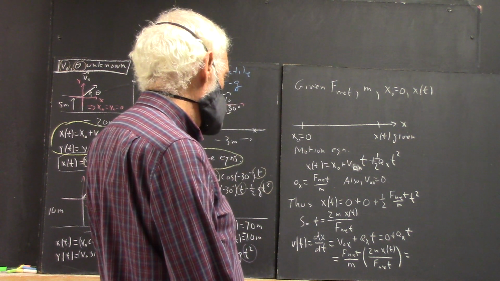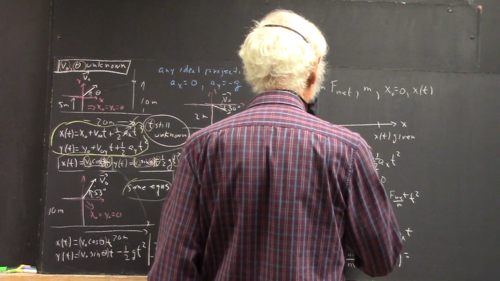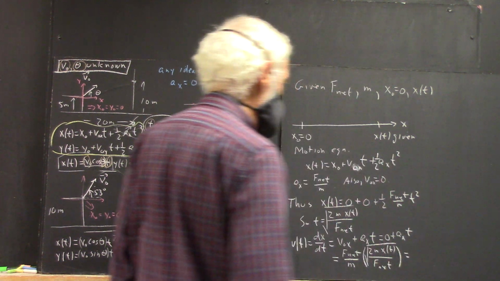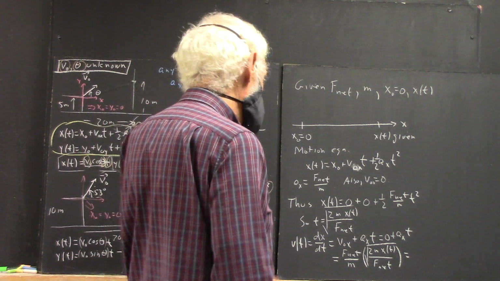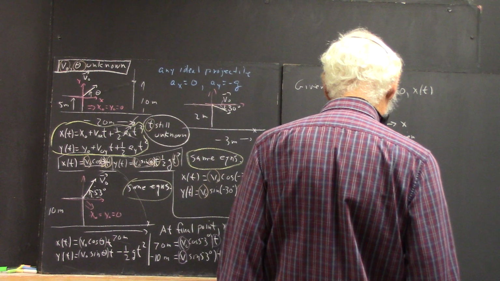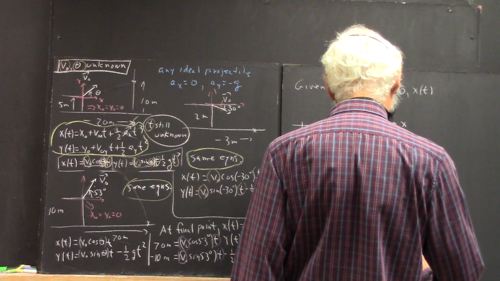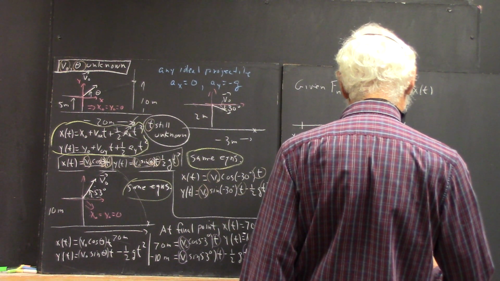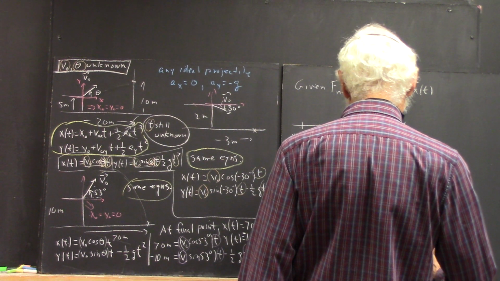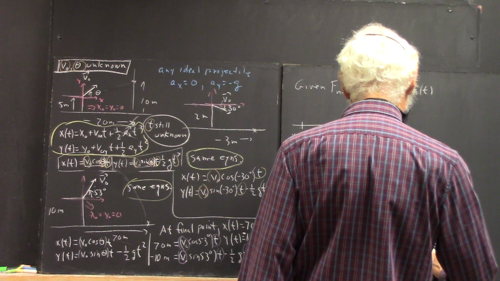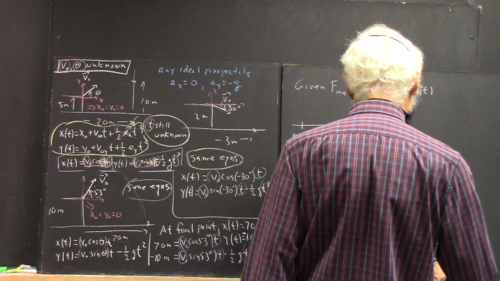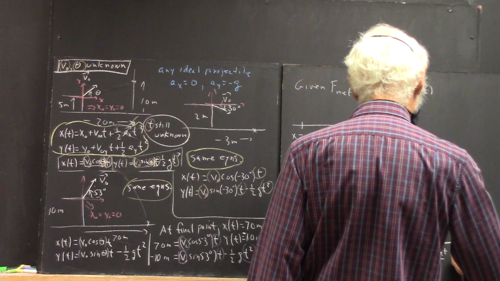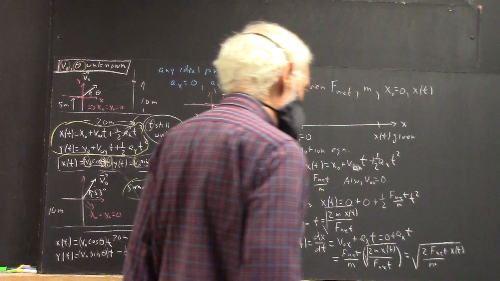What did I do wrong? Oh, wait, t is the square root of all this, sorry. So, okay. We got a little bit of a mess, but that's what we have.